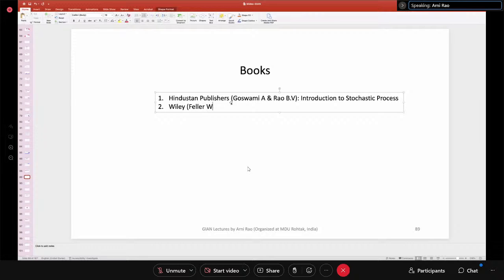Part 2, William Feller. उनका है probability. Part 2. This is a Penguin, I think, book. Fox. Many books are there, but the first book, I think, is for the Indian students, keeping in mind.